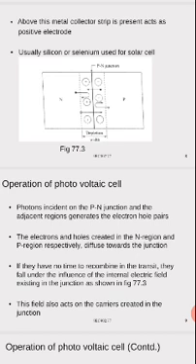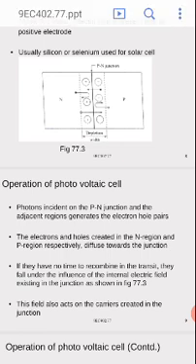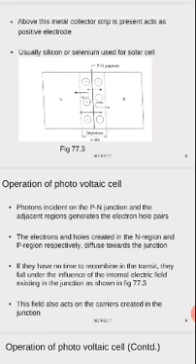With this, all majority carriers move towards the junction and recombination takes place.